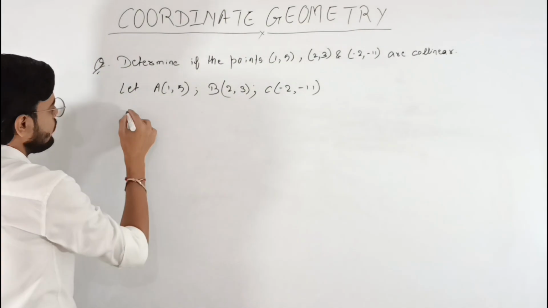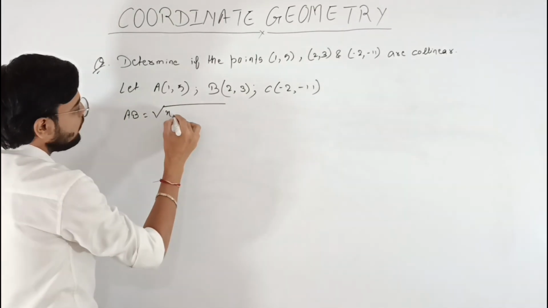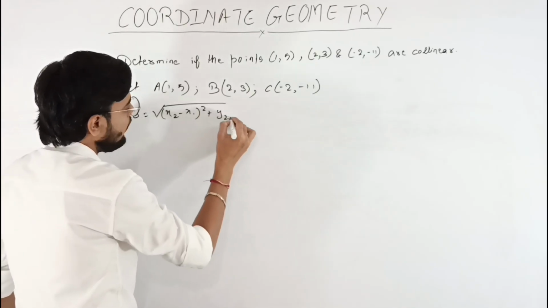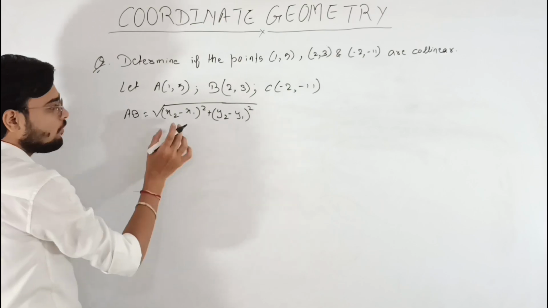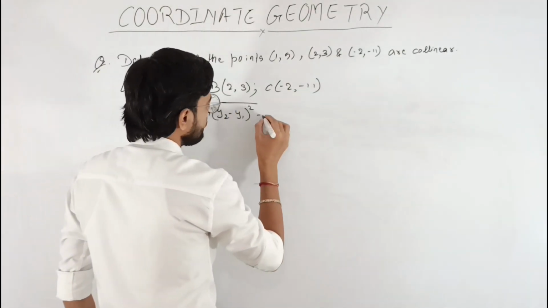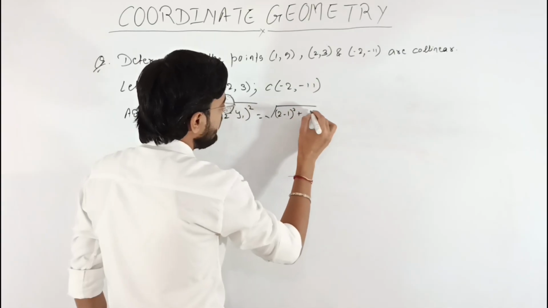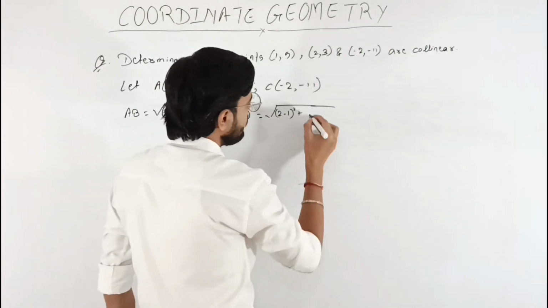Now AB. So AB is equal to what? Using distance formula. What is the distance formula? Root of (x2 minus x1) square plus (y2 minus y1) square. Now look, in this case x2 is 2, x1 is 1. So (2 minus 1) square plus (y2 minus y1), y2 is 3, y1 is 5, so (3 minus 5) square.